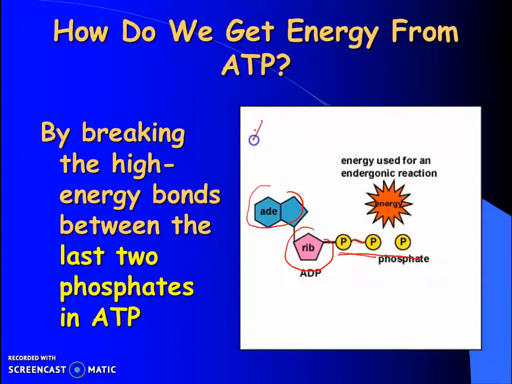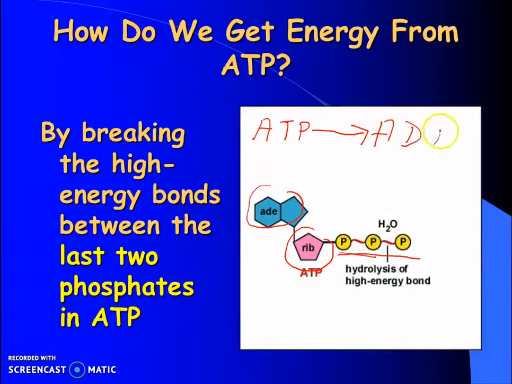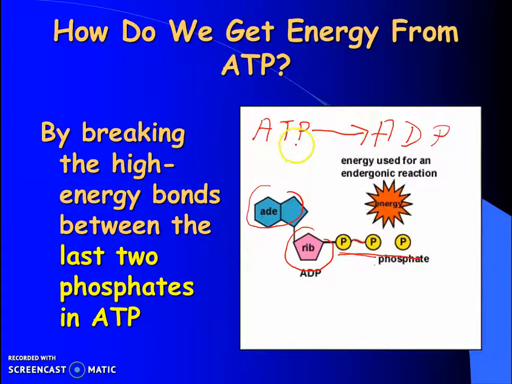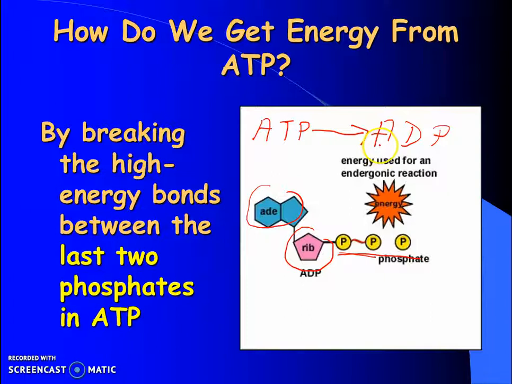So this ATP gets converted into ADP. One phosphate bond is broken, and there are two phosphates left, so we call that adenosine diphosphate.